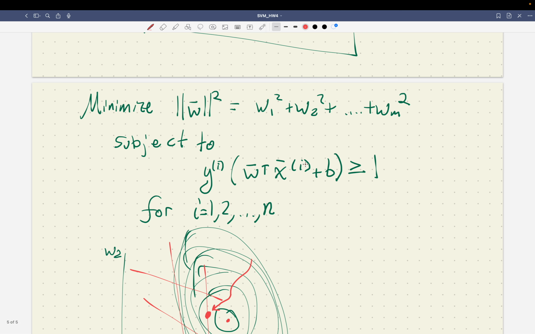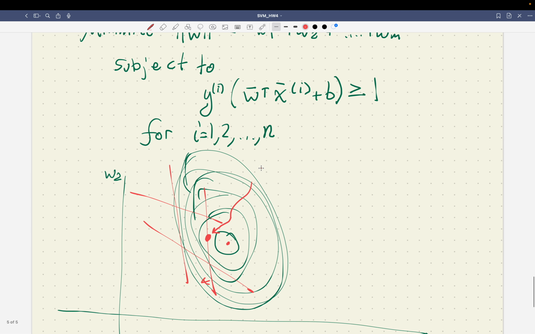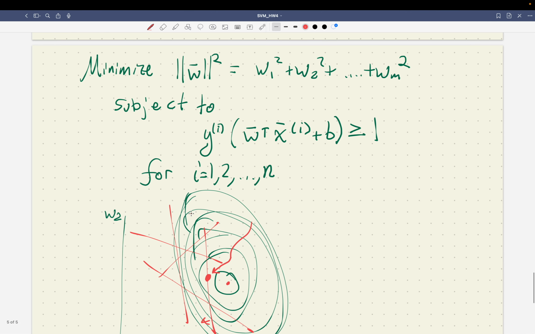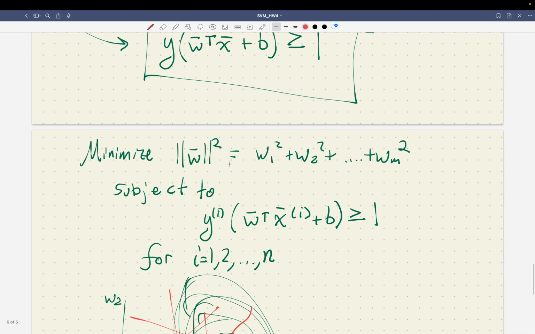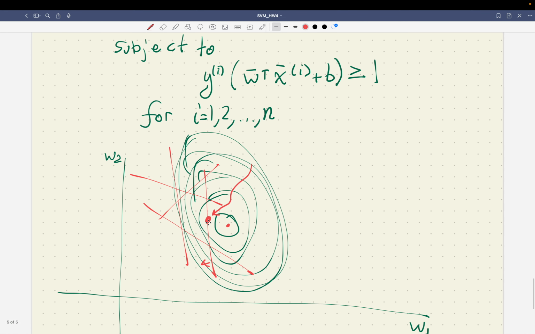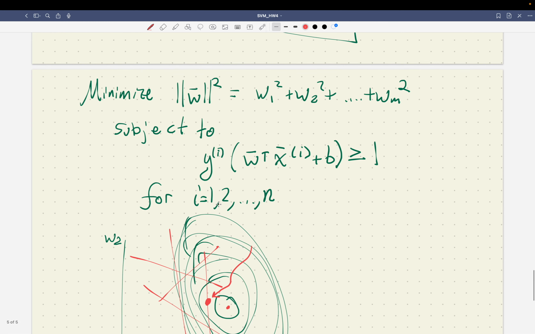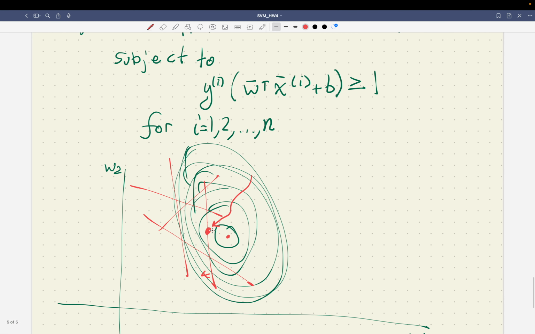These inequalities are giving that kind of rectilinear region, or this linear polygon. And the objective function is this quadratic function. So we're trying to find the lowest point on this surface, subject to the constraint that the only solutions we can consider are inside this system of linear inequalities.